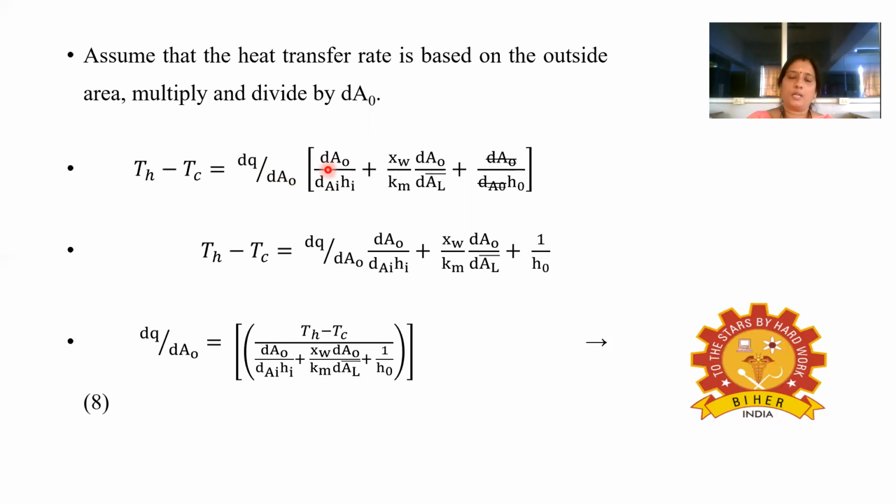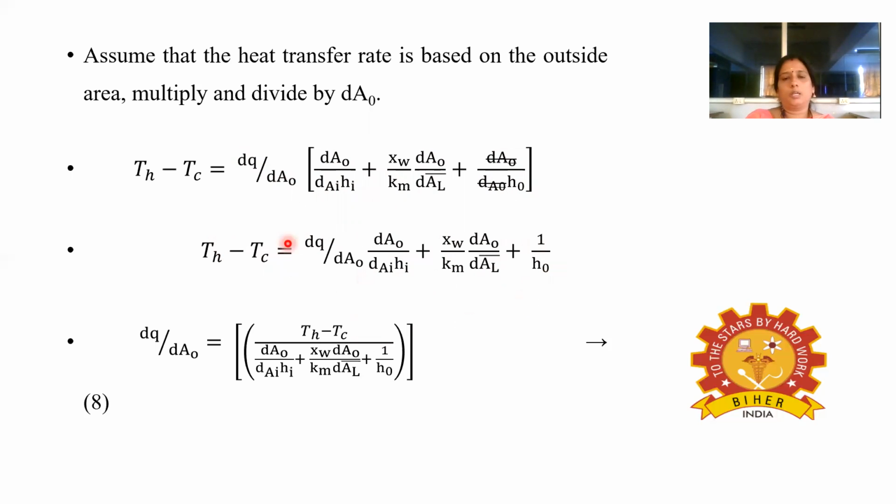So dq by dA naught is equal to dA naught by dAi hi plus xw by km into dA naught by dA L bar, and dA naught by dA naught into h naught. Here dA naught and dA naught will be cancelled, and dq by dA naught will be common. Inside, we have dA naught by dAi hi plus xw by km dA naught by dA L bar, and since this is cancelled, we will have only 1 by h naught.